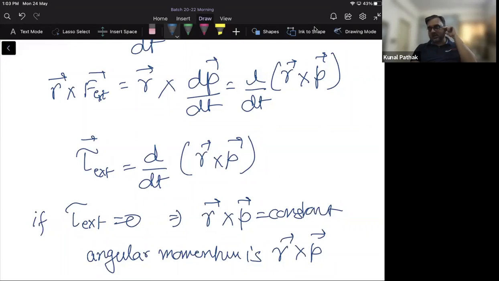So the five things are how to apply Newton's second law for translation, how to apply work energy theorem. Number three is how to apply Newton's second law for rotation, torque is equal to I alpha. Number four is how to apply law of conservation of linear momentum. And number five is how to apply the law of conservation of angular momentum.